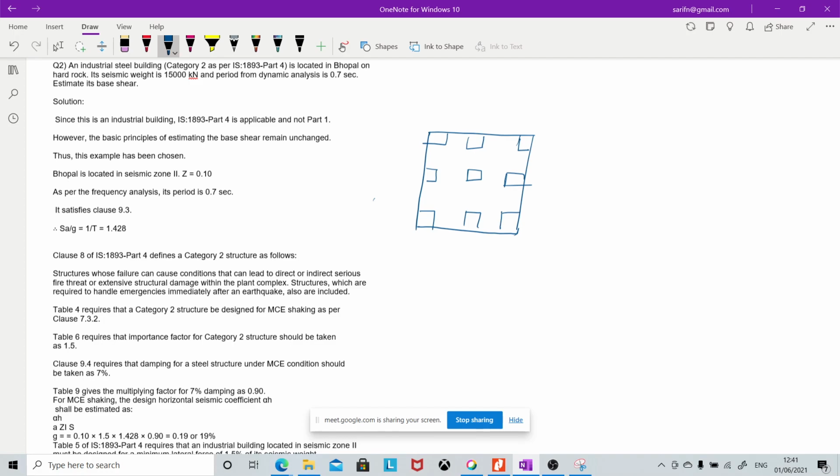Can't you observe the symmetry in the drawing? Doesn't it look symmetric? Yes, so symmetry is what is evident from this plan.